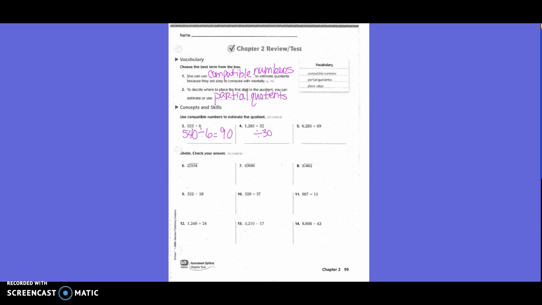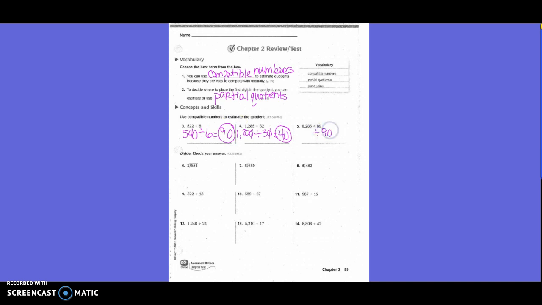On the high side we'd have 1,500. So what would be closer, 1,200 or 1,500? 1,200. Get rid of a 0, get rid of a 0. 3 into 12 is 4, add a 0. Our answer is 40.